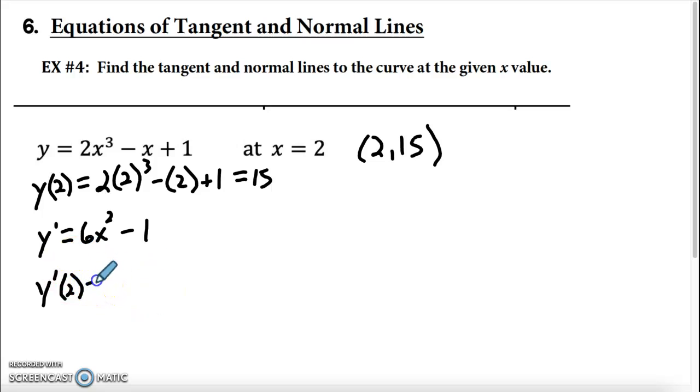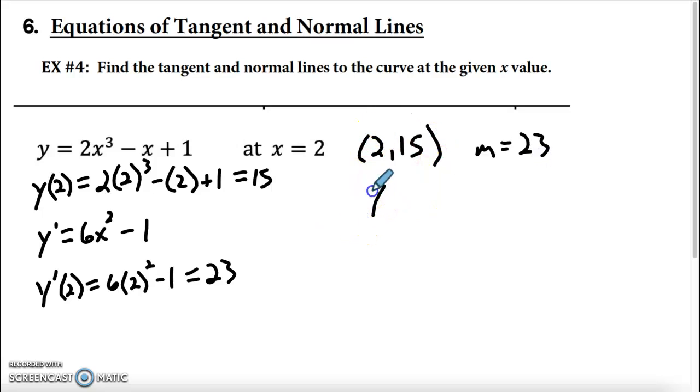Now I want the slope at 2, so I'm going to plug 2 in here. That would be 24 minus 1 is 23. That is a pretty steep slope, a slope of 23. So I have the information I need to write the equation of a tangent line. I know the slope at this point is 23, and I know the point it goes through.